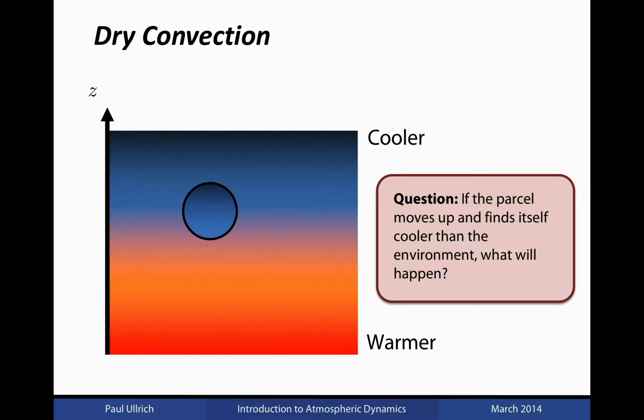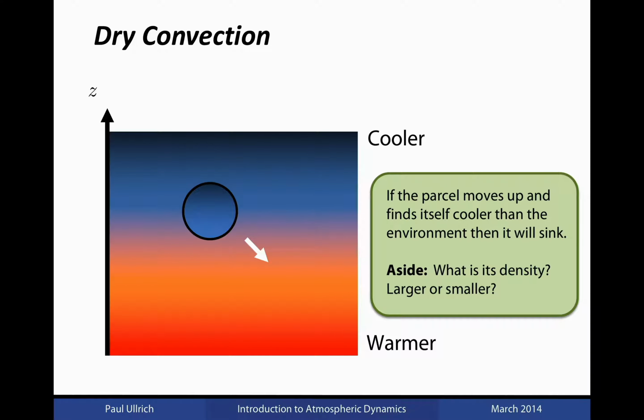So consider what happens if the fluid parcel is displaced upwards and finds itself cooler than the surrounding environment. This figure depicts a cooler fluid parcel that finds itself in a warmer environment. In this case, because the temperature of the fluid parcel is cooler than its surroundings, it will find itself to be heavier than the surrounding environment and so will sink. In this case, the density of the fluid parcel is also greater than that of the surrounding environment because of its cooler temperature.